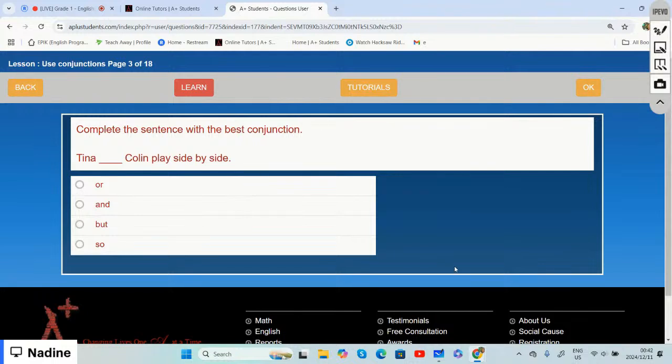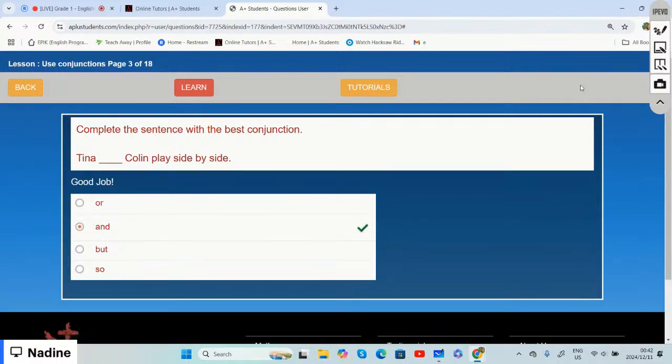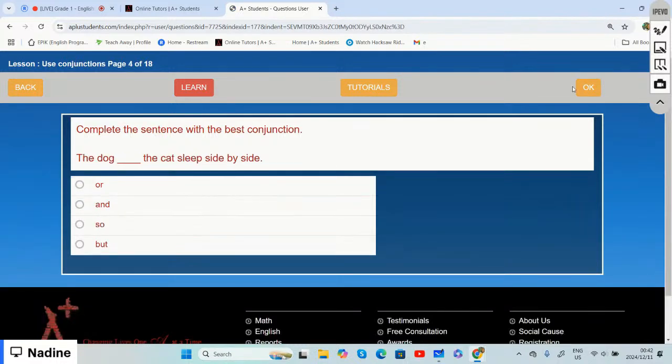All right. Yes. And if we were to choose the correct option, we will say Tina and Colin play side by side. Well done. Because it means that both of them are playing together. It's things that go together.